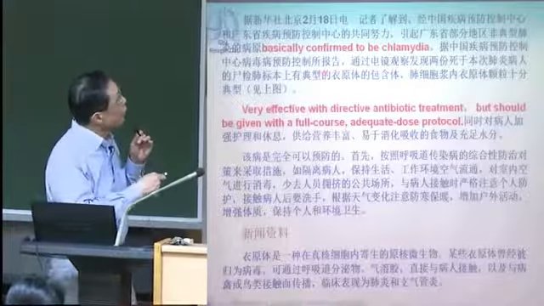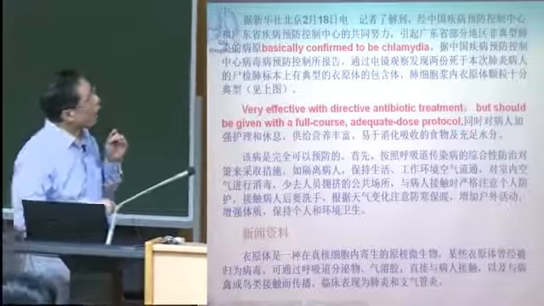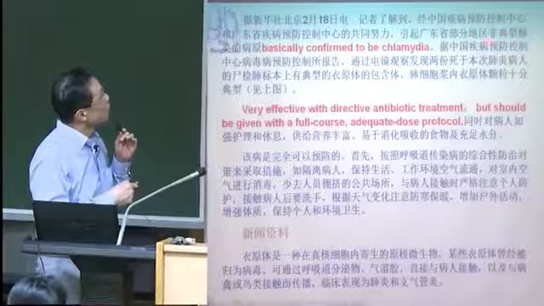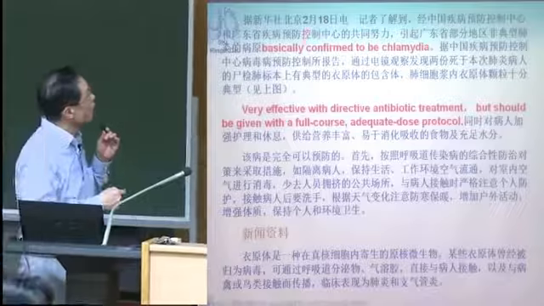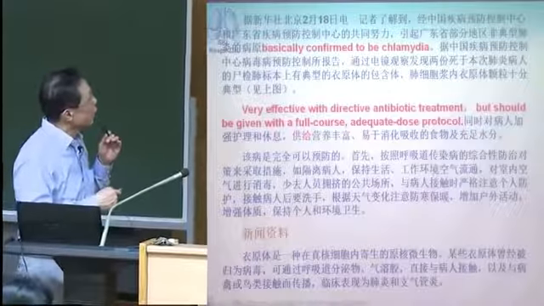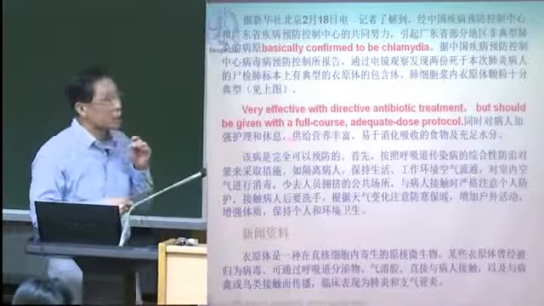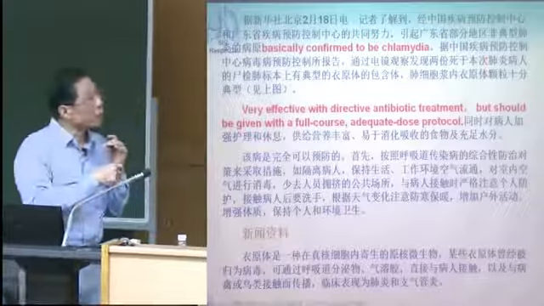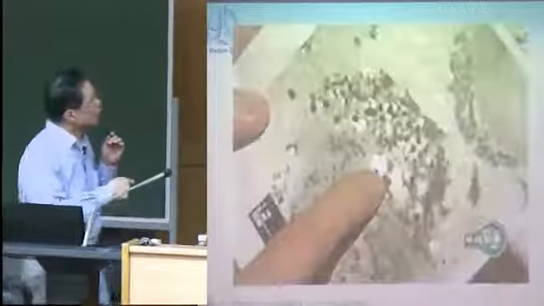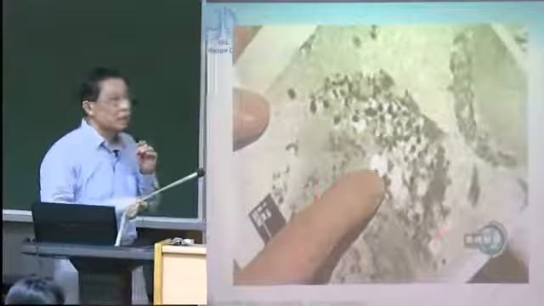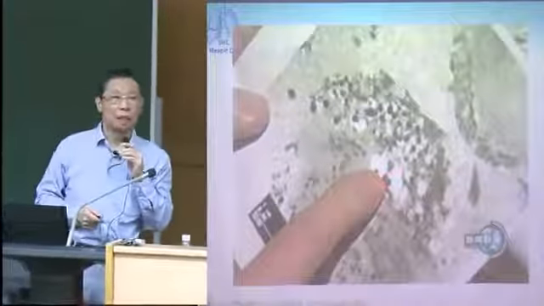After autopsy, 尸检, they had found the pathogen was so-called chlamydia, 衣原体, and they also emphasized that it was very effective with directive antibiotic treatment, but it should be given as a full, adequate course of protocol. We were very surprised about this result, and they showed us the autopsy, and under the electron microscope they found some particles mimicking chlamydia.